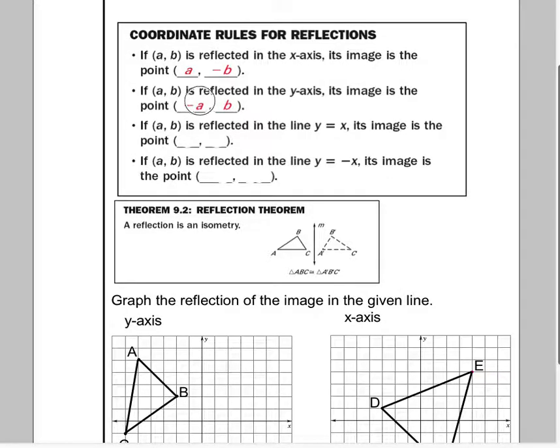If you're reflecting in the y-axis, it changes the x value. If you're reflecting in the line y equals x, the x and the y switch places. And if you're reflecting in the line y equals negative x, the x and y switch places and change signs. So like if your original point is (a, b), then this is what happens. Now you can choose to use these rules, or you can just use a graph sheet and count the distances.